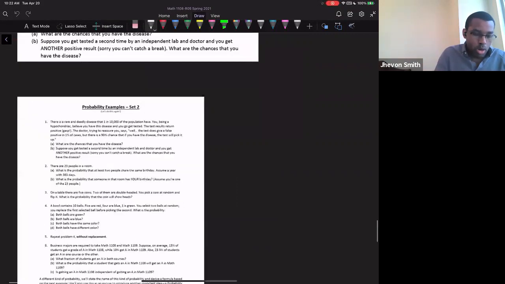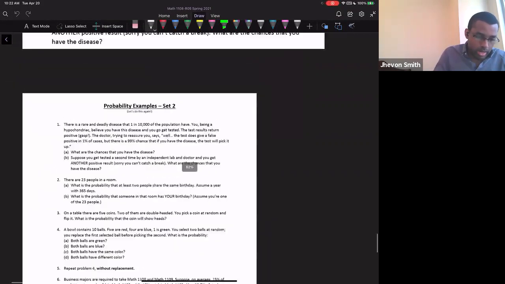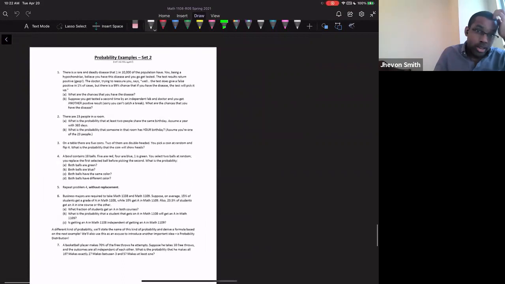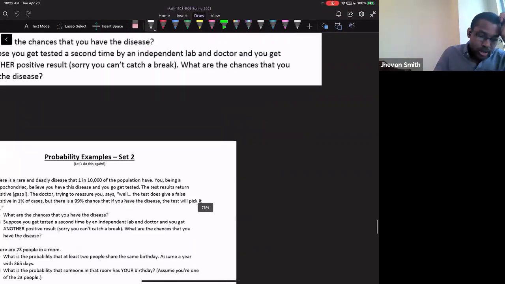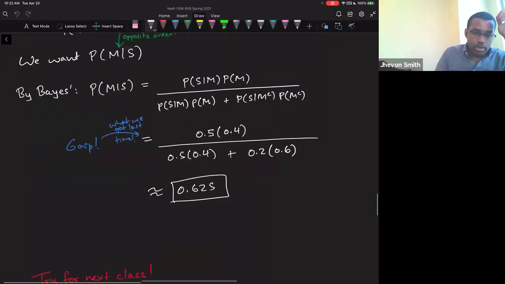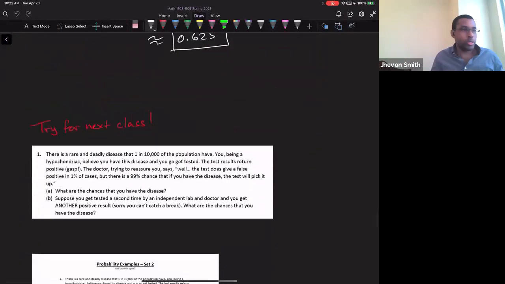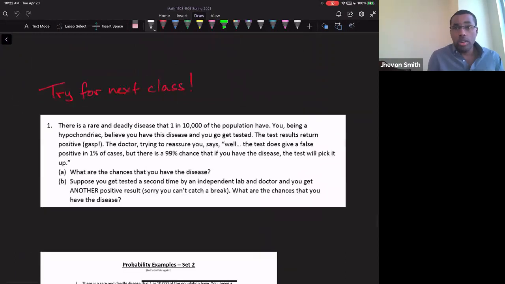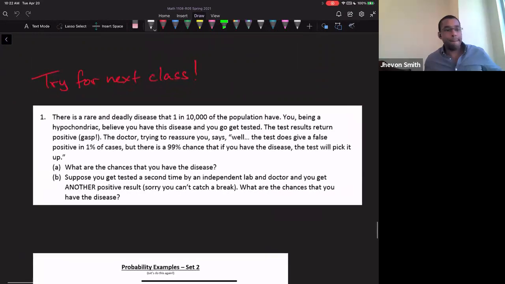And that is problem 1 on this new problem set that I'm giving you guys. So of course you can try the others as well, but at least try this one. Okay, and of course, spoiler alert, you're going to use Bayes' formula to do that, but you could also use a tree diagram or a table. You can compare which one you like more. But that's what we have for today. That is going to be where we're going to wrap things up.